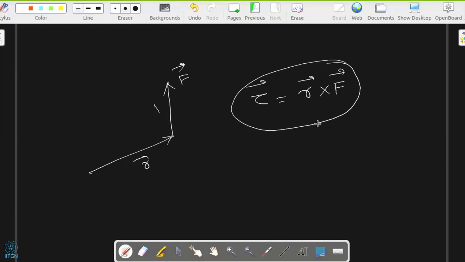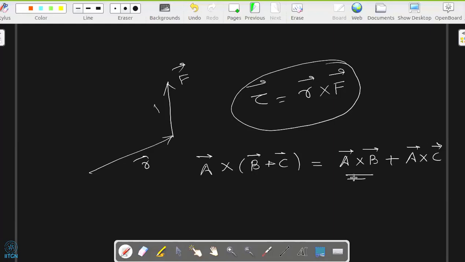Then, the vector product satisfies certain laws: A cross (B plus C) can be written as A cross B plus A cross C. So this is the distributive law.